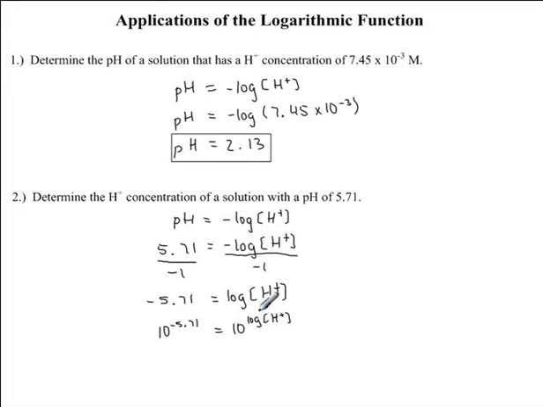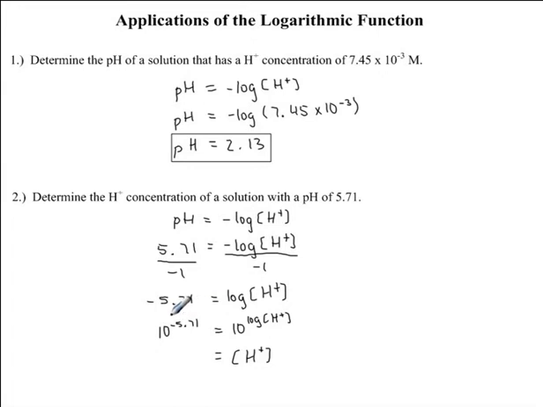So our right-hand side of our equation is simply equal to the concentration of the hydronium ion. So raising both sides of the equation to an exponent with a base 10 allowed us to isolate for the concentration. Now looking at our left-hand side of the equation, we just need to put this into our calculator.